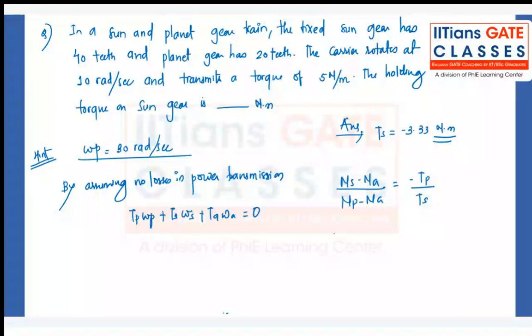Either you can write it like this, or in the form of omega, which is also correct, because in the given question the values are given in radian per second, not in rpm. So (omega s minus omega a) divided by (omega p minus omega a) is equal to minus Tp by Ts.